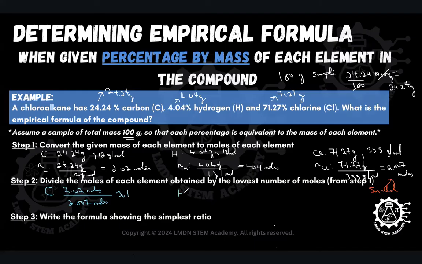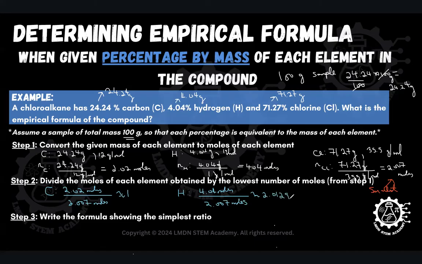For hydrogen, we divide 4.04 moles by 2.007 moles, and that will be roughly 2.0129.